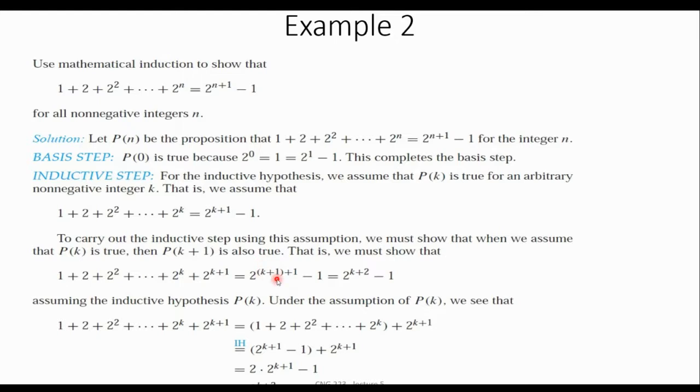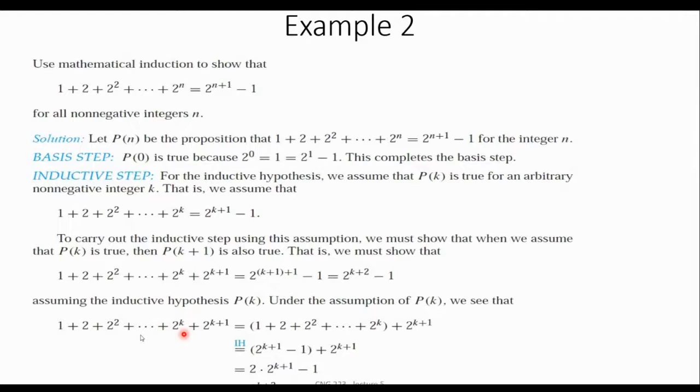So what I have at the end is 2 power k plus 2 minus 1. If I reach this statement at the end, I prove that this is true. Exactly the same way we did it for the previous example. So what did I do? I considered the next sentence. Then here, instead of k, I included k plus 1.